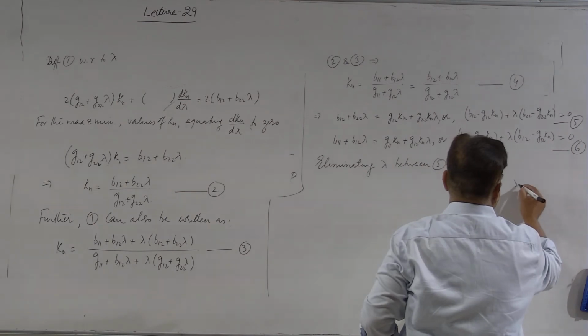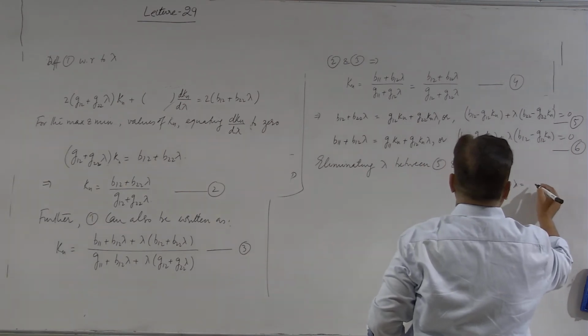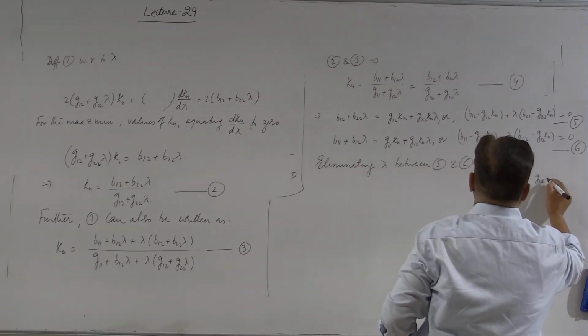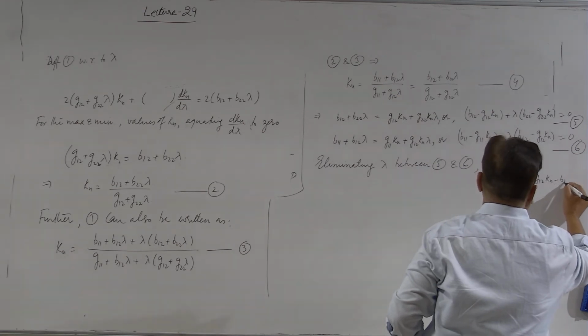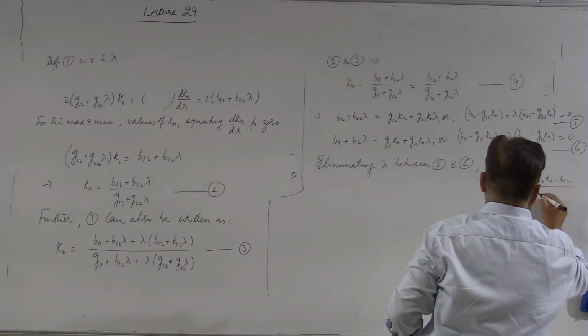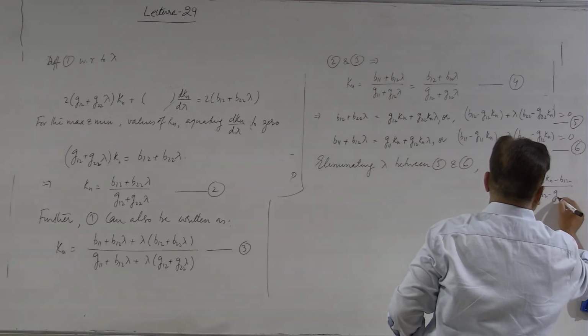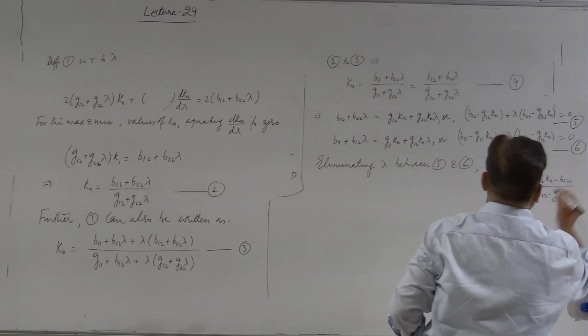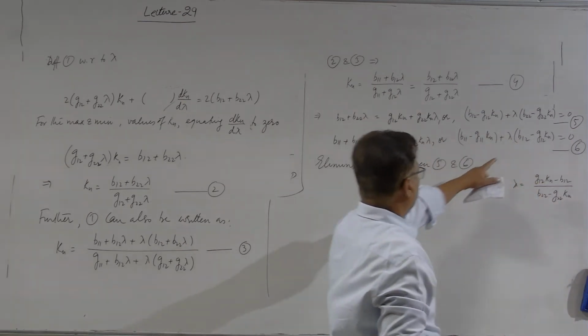So lambda from 5 will be equal to G12 Kn minus B12 upon B22 minus G22 Kn. Am I right? And this should be substituted over here.